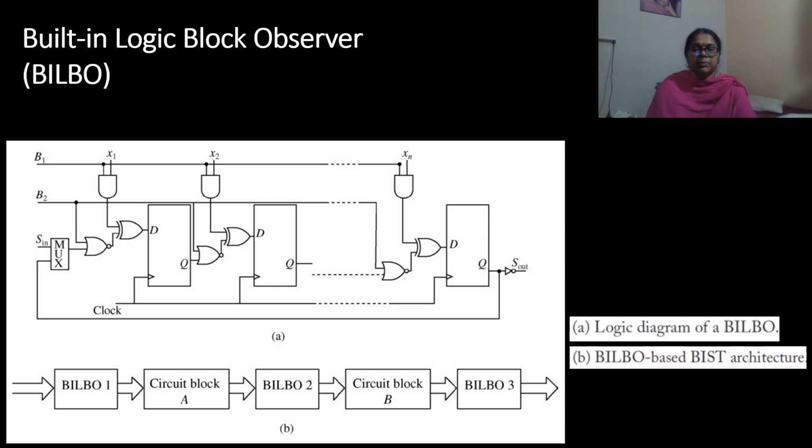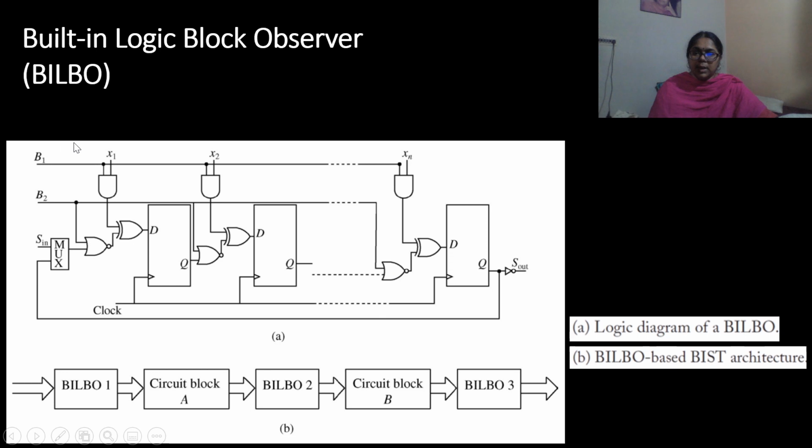Two control inputs B1 and B2 are used to select one of the 4 function modes. B1 equal to 0 and B2 equal to 1 is mode 1, and all the flip-flops will be reset.